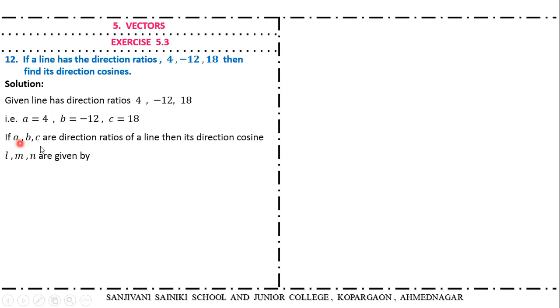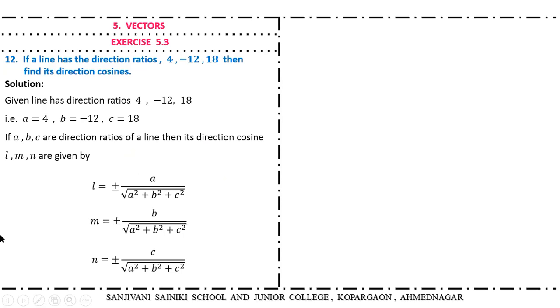If A, B, C are direction ratios of a line, then its direction cosines L, M, N are given by the formula. This formula we have already learned. This is the interrelation between direction ratios and direction cosines.